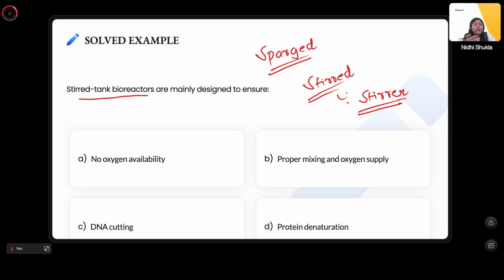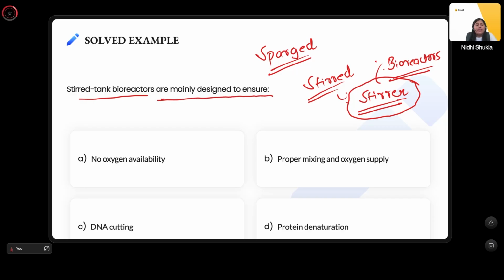Because it will help you to distribute or dissolve the salt very quickly and easily in water. So what does this stirrer do in a bioreactor? This stirrer ensures that the nutrients and the oxygen are distributed evenly and uniformly throughout the bioreactor. So stirred tank bioreactors are mainly designed to ensure proper mixing and oxygen supply, and this is done with the help of a stirrer.